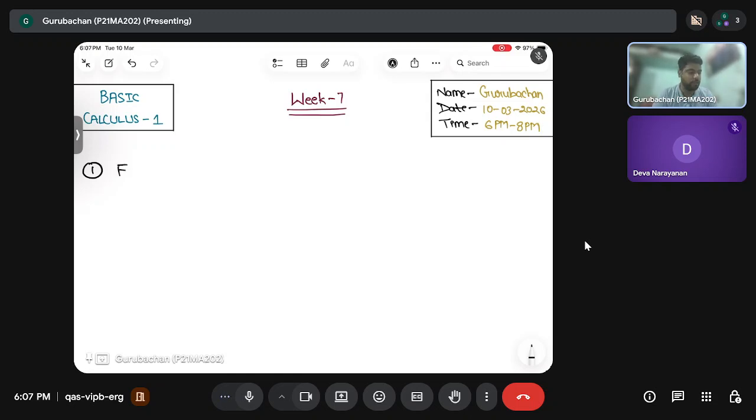Find the value of C in the mean value theorem.